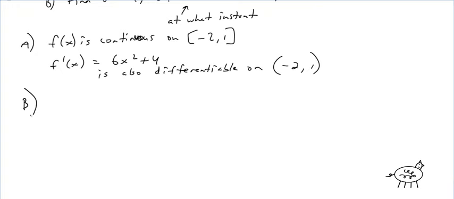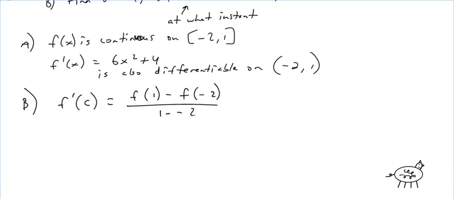Okay, part B is actually finding that value. So it's really pretty easy. I'm saying, well, where is f prime of c equal to the average, which is f of 1 minus f of -2 over 1 minus -2. Just to figure that out, f of 1, you're plugging back into the original problem. It's 6 minus, you plug in -2 and you get -24, over 3. So I get 30 over 3, which is 10.